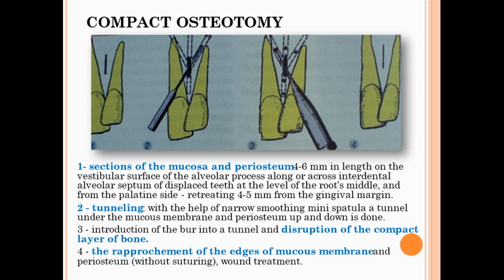Second stage, tunneling. With the help of a narrow smoothing mini-spatula, tunnels are made under the mucous membranes and periosteum, up and down. The third stage is the introduction of the bur into the tunnel and disruption of the compact layer of bone.